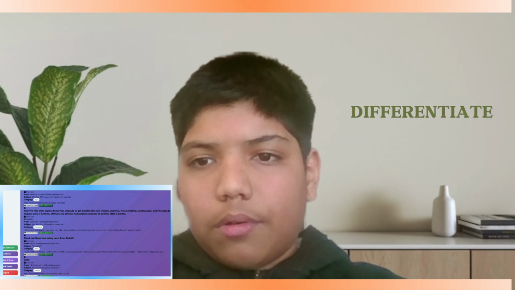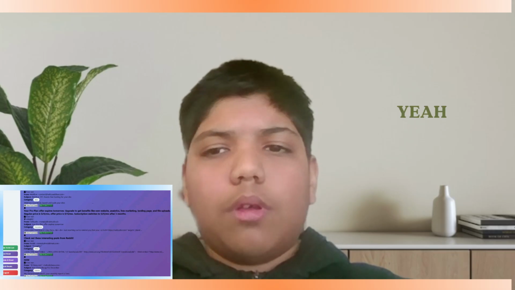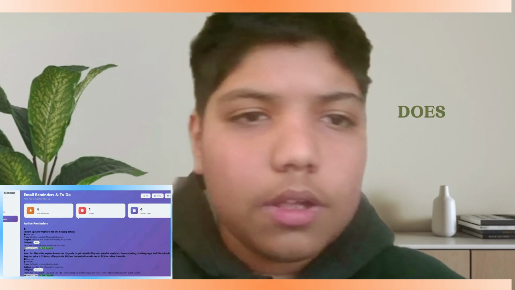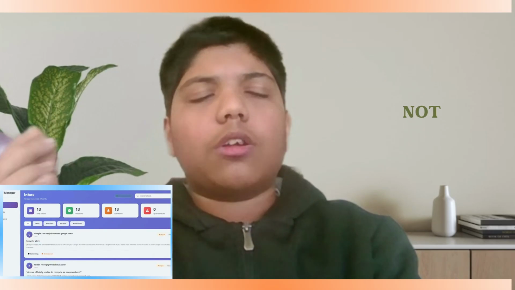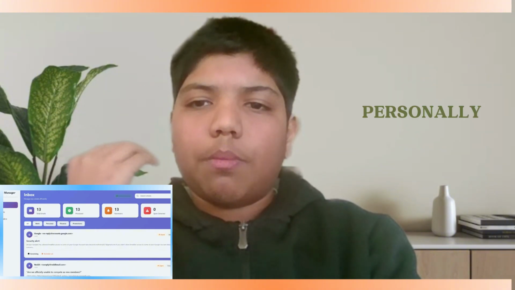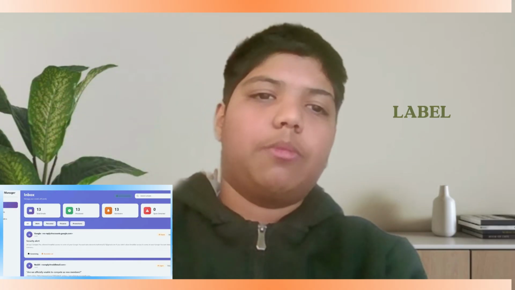How does it differentiate from Gmail? So what it does is Gmail has the labels which you can set. Gmail has a set amount of, not set amount, but you can say that this is a label. But you would have to personally set like this is education, so put it into this label.